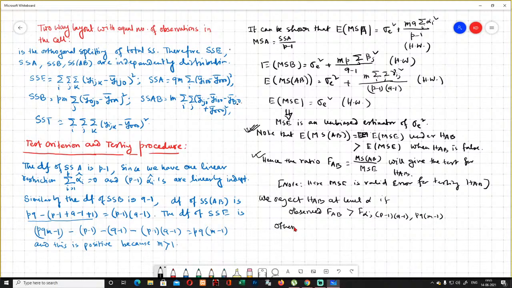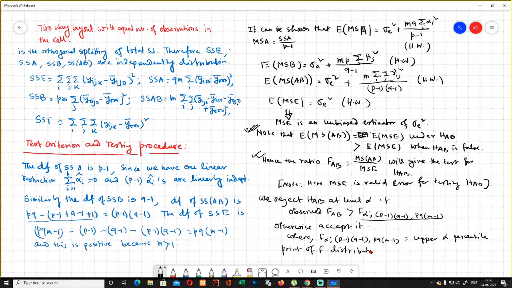Otherwise, accepted. Where this F alpha, P minus 1 into Q minus 1, PQ into m minus 1 is the upper alpha percentile point of F distribution with P minus 1 into Q minus 1, PQ into m minus 1 degrees of freedom. Okay.